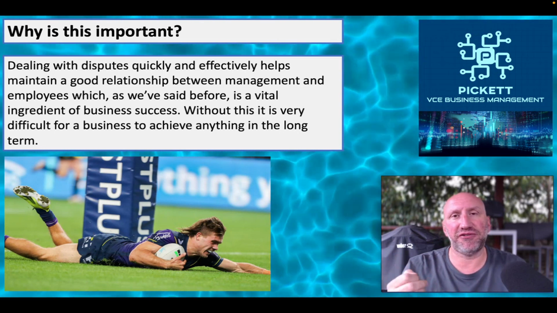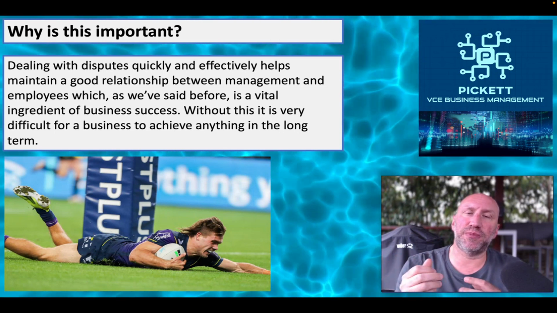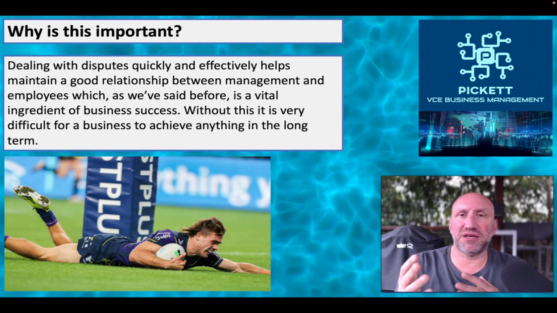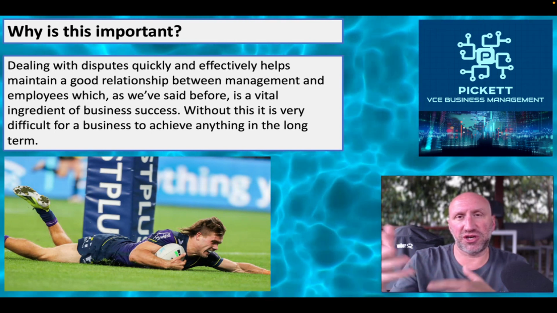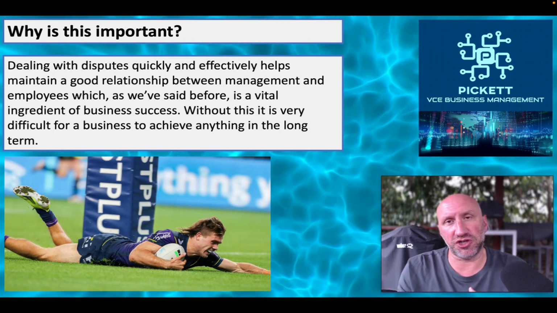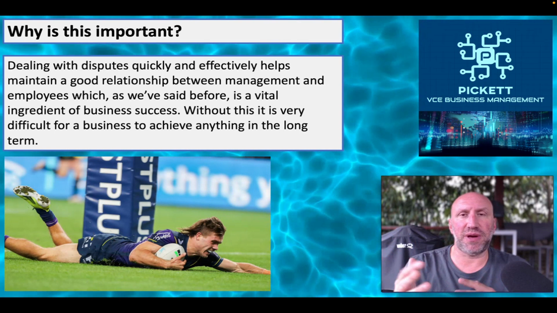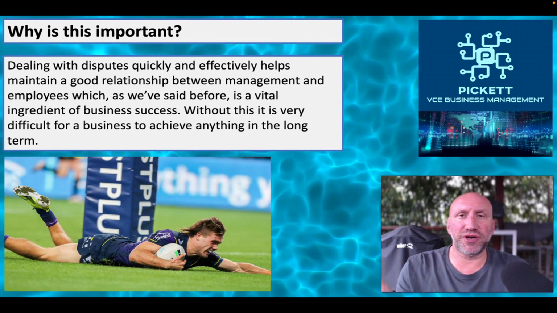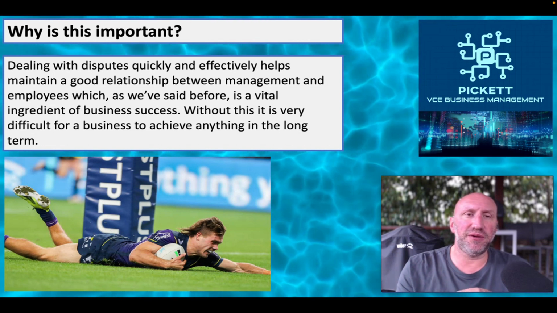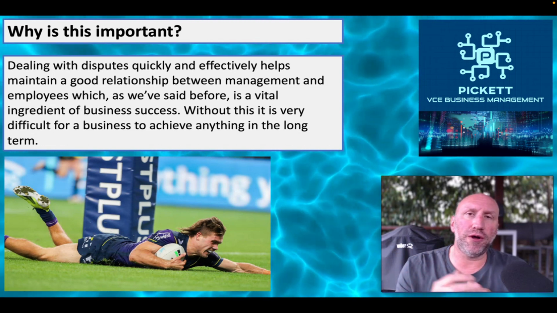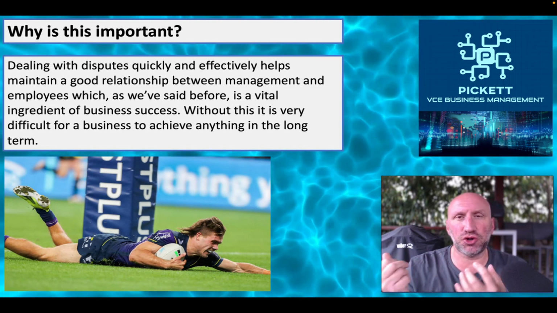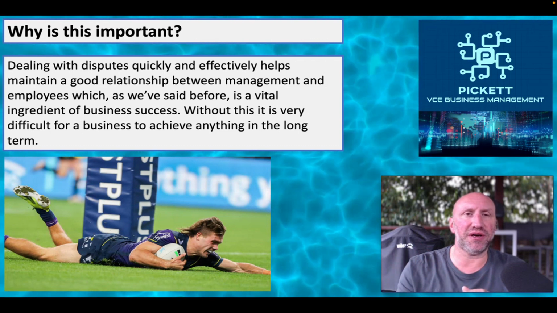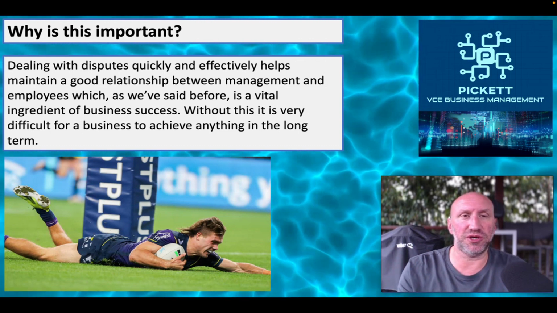If you don't have a good, solid working relationship between the employees and the management, then it's going to be really hard for the business to achieve its objectives, its goals for the future. I've used a Pappenhausen scoring a try there, one for Mr. Lawrence, to represent scoring goals or achieving objectives. But it's really important to maintain good relationships within the business. Otherwise, it's just going to be that much harder to achieve whatever it is we're trying to achieve.